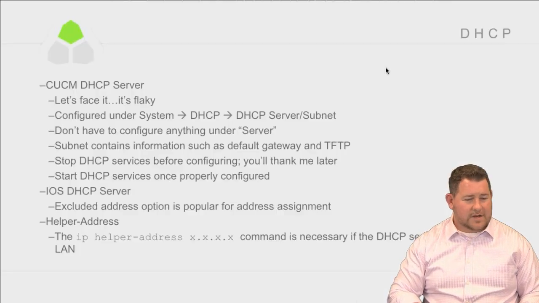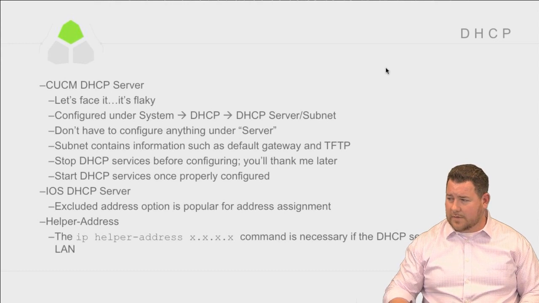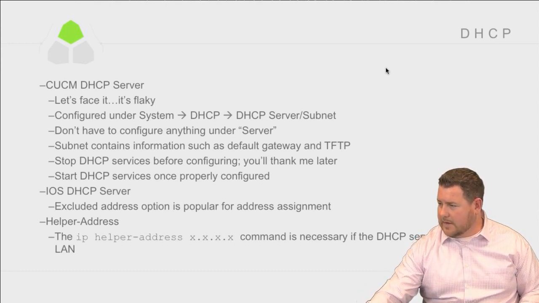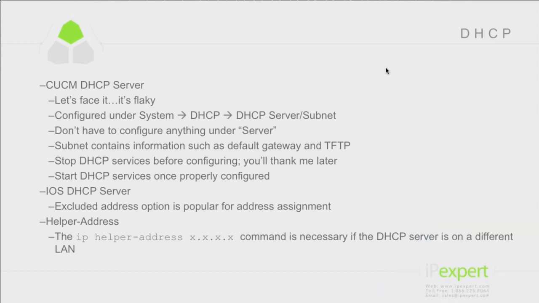And that's a very important command to know here. So the IP helper address command, x.x.x.x, is necessary if the DHCP server is on a different LAN. So this is all the diagram was referring to there.